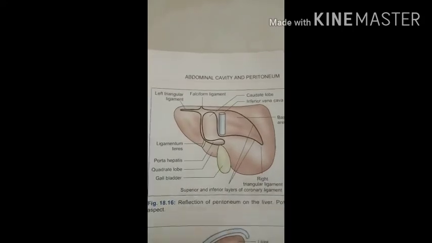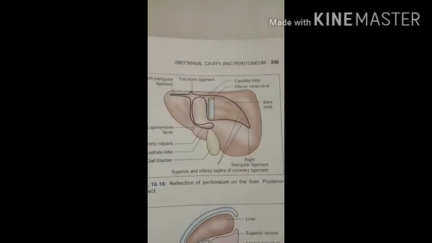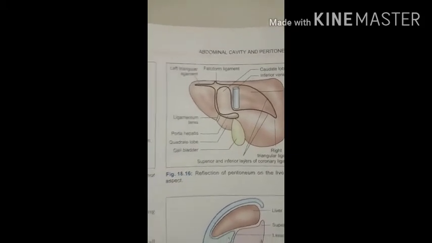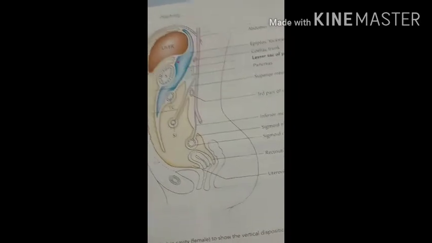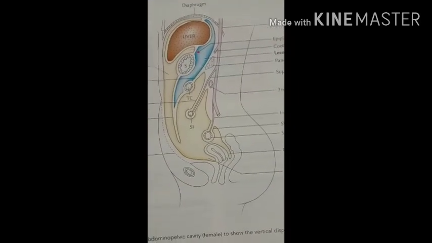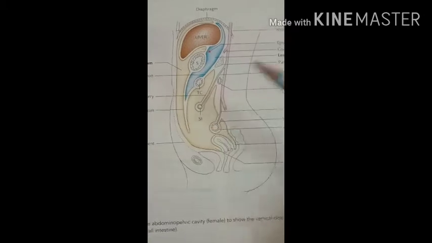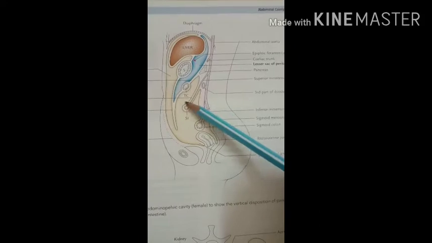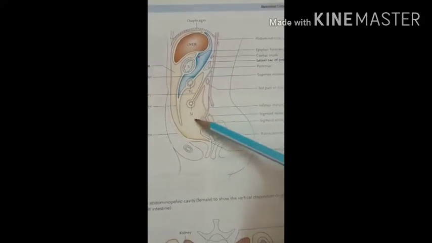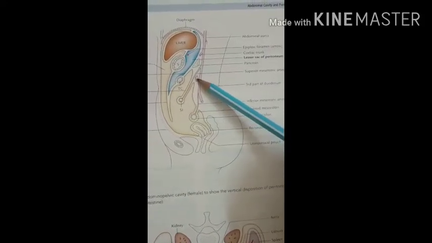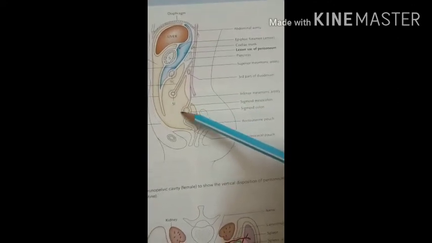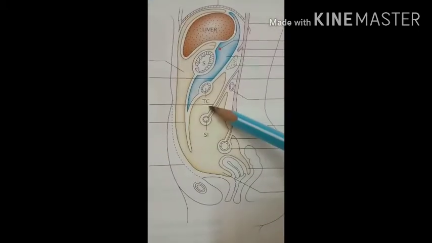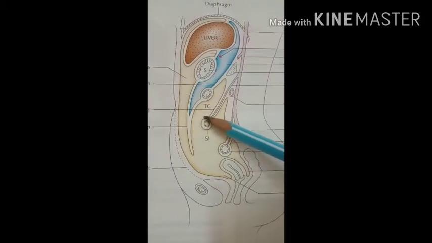After that, the small intestine. The small intestine is also totally invaginated by the peritoneal layer. In this diagram you can see the small intestine, this one.